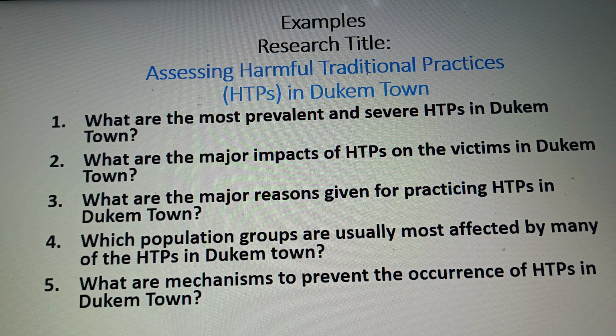Another, or the fourth one, might be, which population groups are usually most affected by many of the HTPs in Dukem Town? This means there are different population groups such as women, children, youth, the old, the poor, the rich.